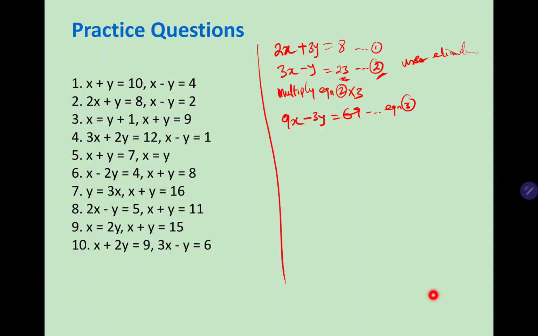Okay, so now you see equation 3 is similar to equation 1 and equation 2. Instead of using equation 2, we're going to use equation 3 and combine it with equation 1 in order to eliminate y.